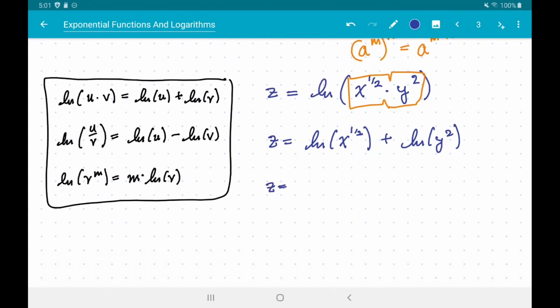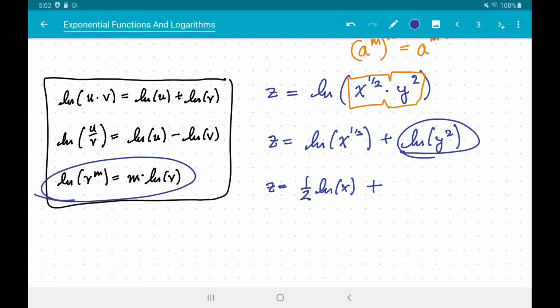Next, I can change ln of x to the 1/2 into 1/2 ln of x using that rule. Plus, now I'm going to change ln of y squared using that third rule again to get 2 ln of y.